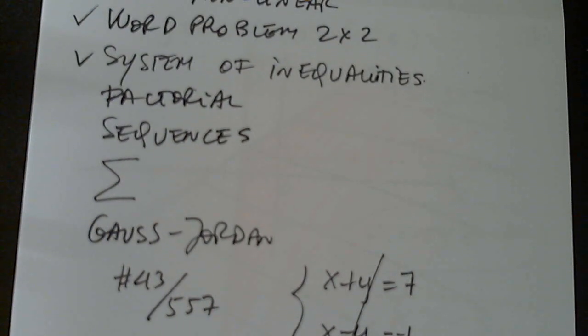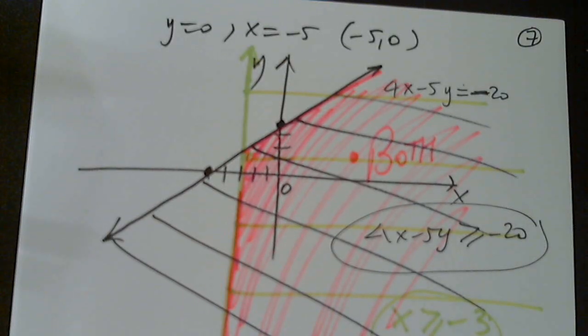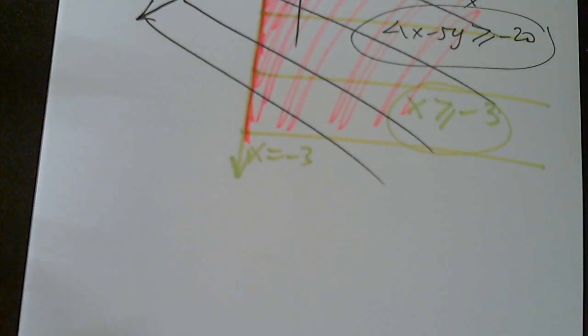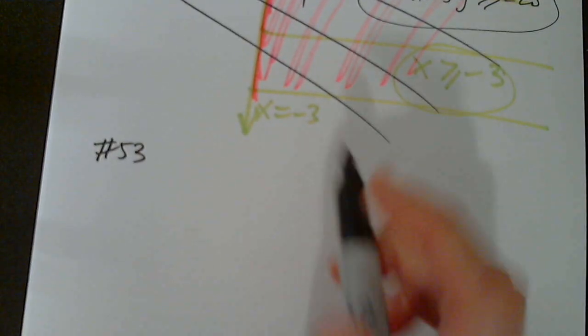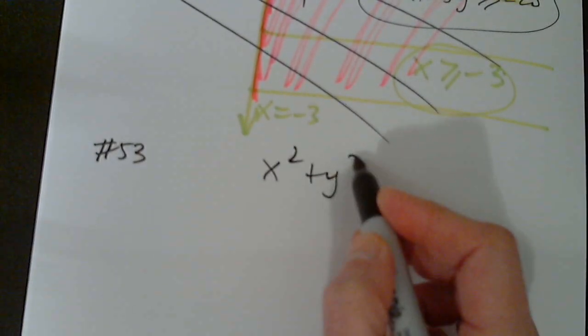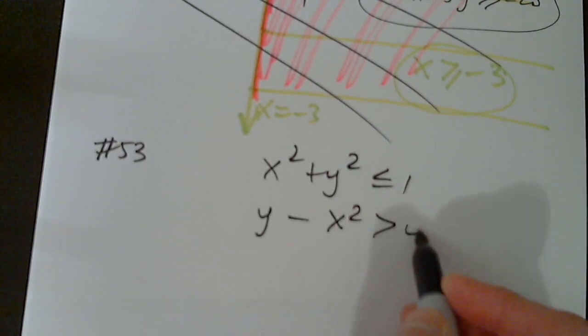Anything else we want to look at? Can we do another one of those, but with a circle? Yeah. Well, 53. In 53 we have x squared plus y squared less than or equal to 1, and y minus x squared greater than 0.